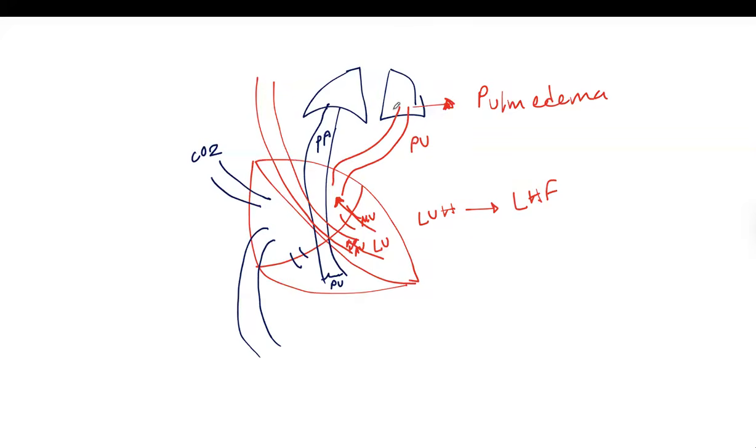Now, when there is pulmonary edema, that means more and more fluid is accumulating in the lungs. So then at once, the lung will become overloaded. Then the fluid starts to accumulate and there is more backflow. So the pulmonary artery then starts to become overloaded. When the pulmonary artery becomes overloaded, we call it pulmonary hypertension.